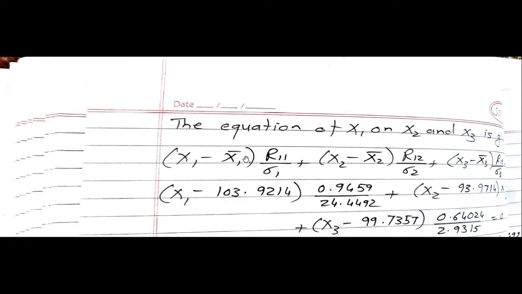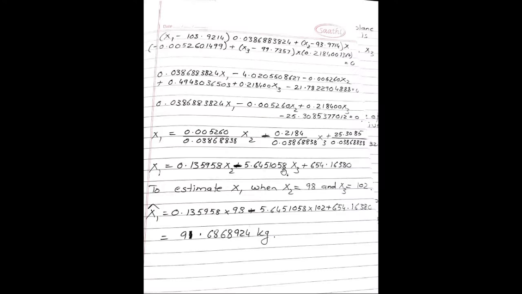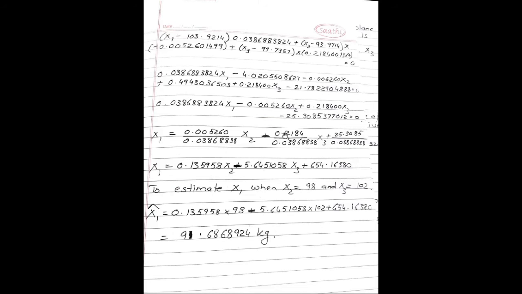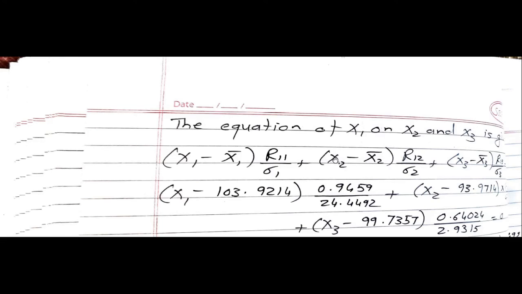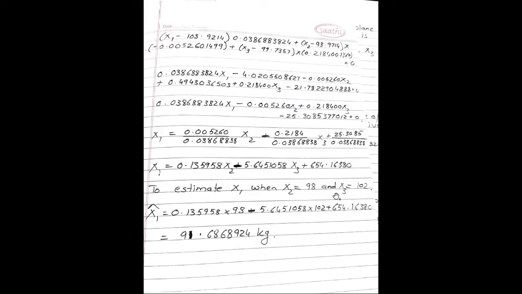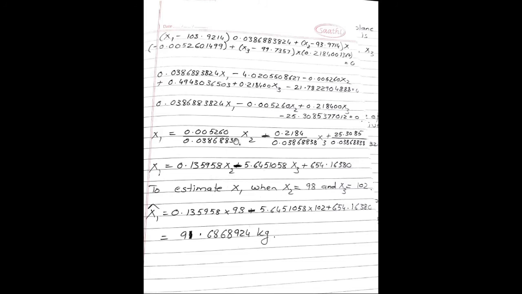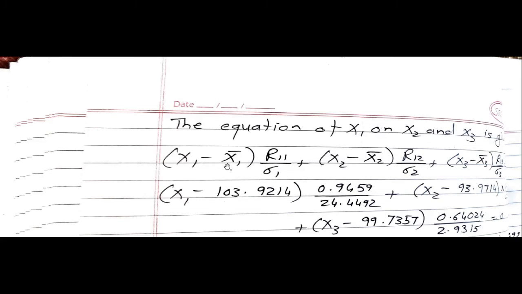So the equation is given by x1 minus x1 bar R11 upon sigma 1 plus x2 minus x2 bar R12 upon sigma 2 plus x3 minus x3 bar R13 upon sigma 3 is equal to 0.